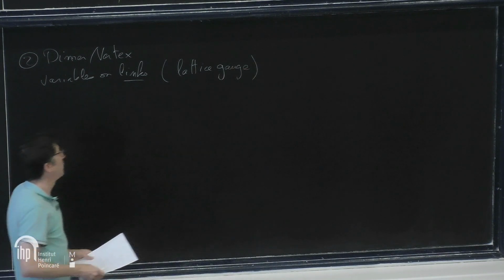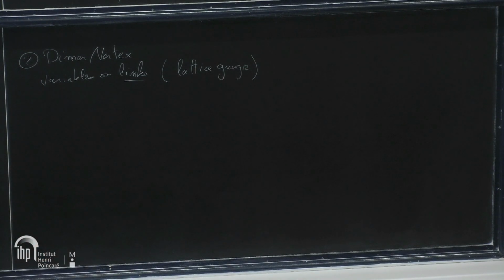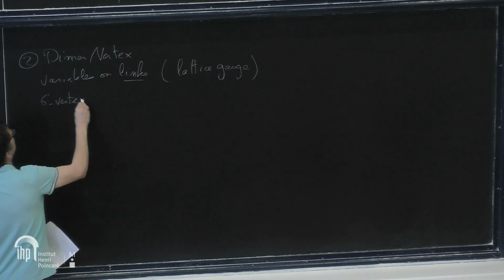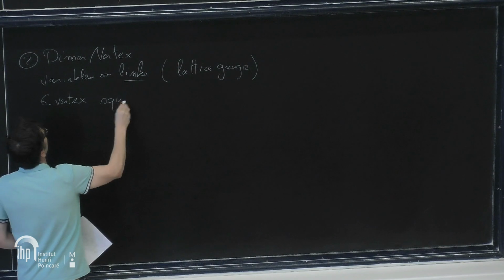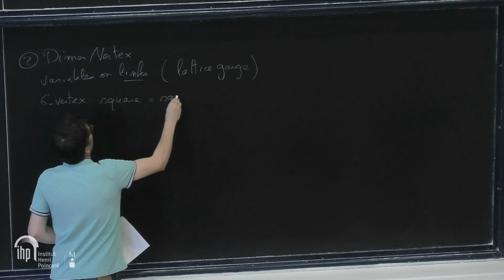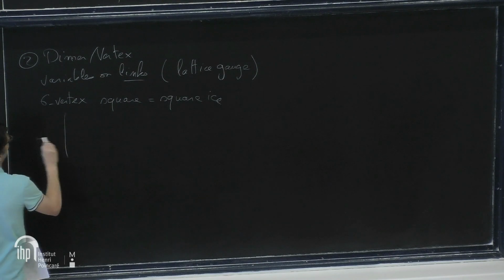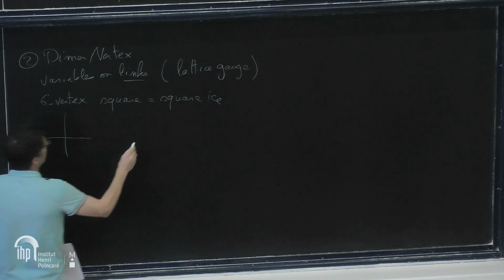Because in the 70s also, people were, and still are, working on this. Suppose you put variables on links, it's a very natural formulation of gauge theory. And so indeed, one of the famous models is the six-vertex model on the square lattice. Actually, it's also called square ice, so we'll talk about ice now. It was solved by Baxter.